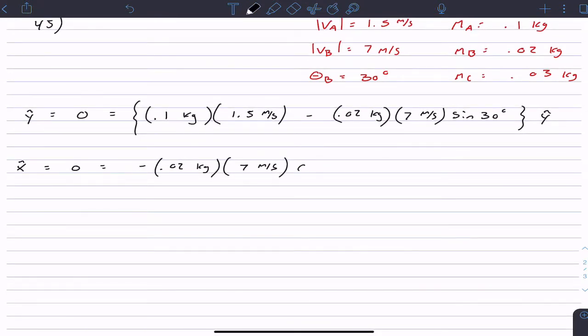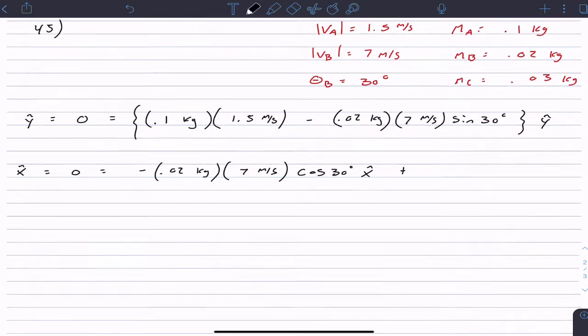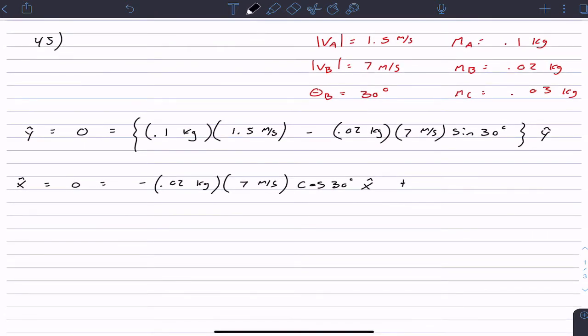So that was cosine 30 degrees x hat, right? And this is negative here. So, okay, we have that, and then we know the mass of C, so it's 0.03 kilograms, times the velocity of C times cosine of whatever angle is there.